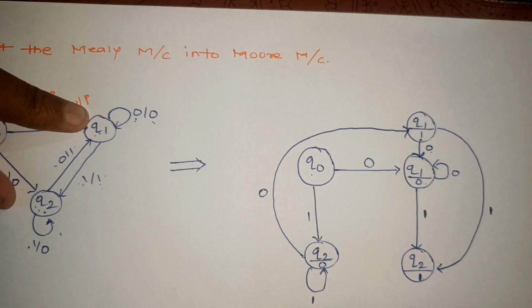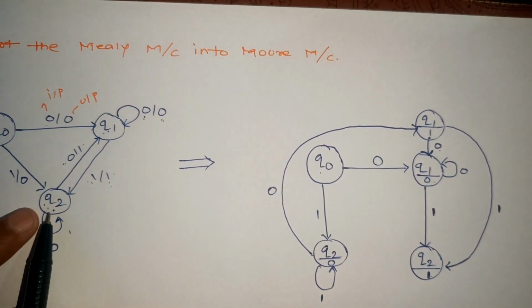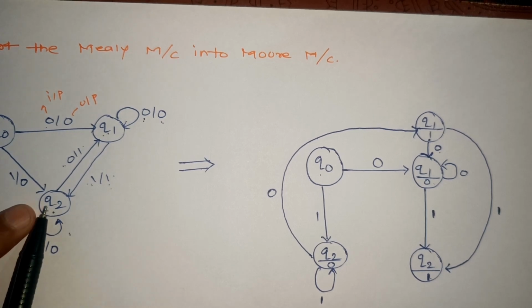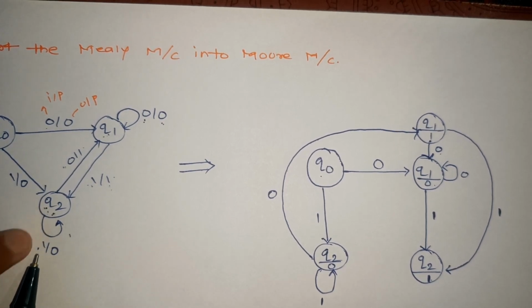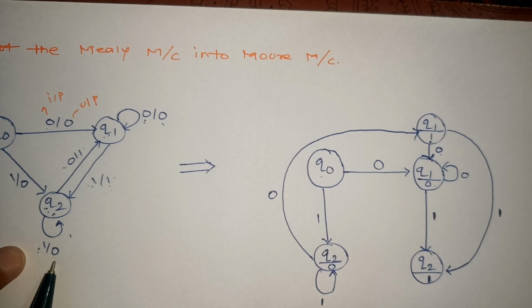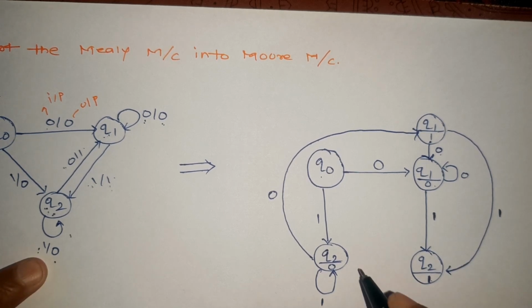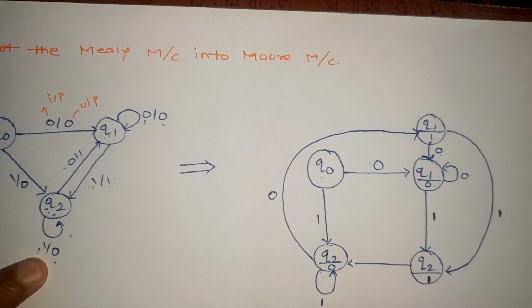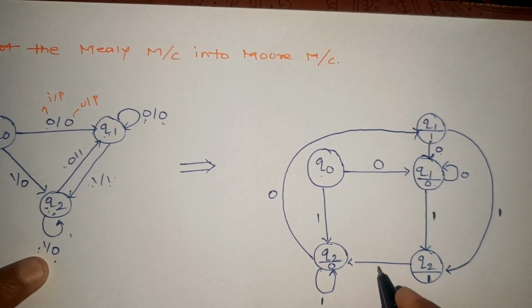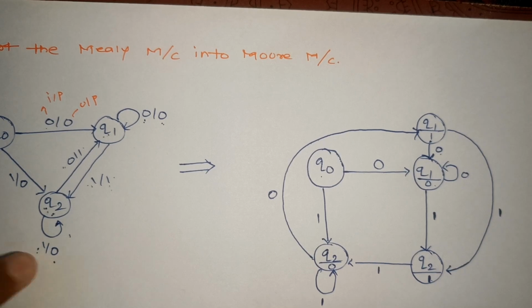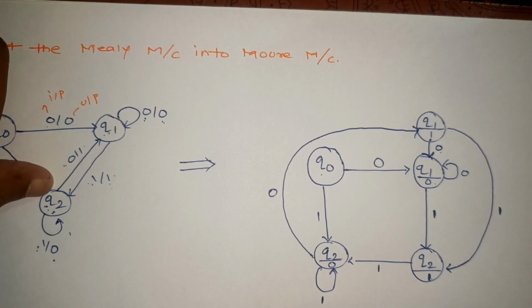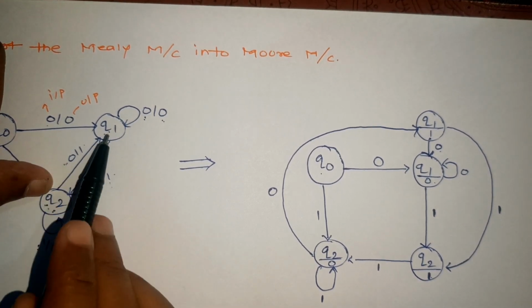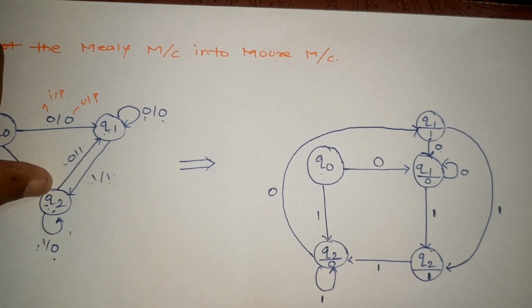Input 0, input 1. Similarly, when we go for Q2, you can see Q2's next state is Q2 with input 1, output 0. तो Q2 का नेक्स्ट स्टेट है Q2, इनपुट 1 है एंड आउटपुट शुड बी 0. So you write this condition. Next, Q2's input 0, next state is Q1 with output 1.